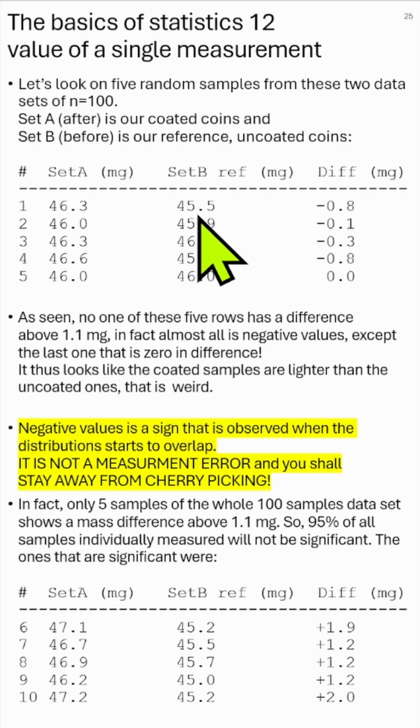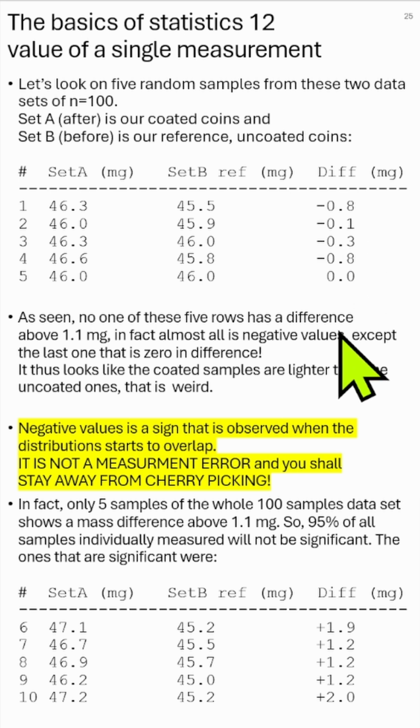And if we do the calculation of the differences, so we take the after weight minus the before weight from these random coins, so it's not a pair-to-pair comparison directly, right? Then we see we get negative values. 46.3 for the coated coin minus 45.5 becomes minus 0.8 milligram in difference.